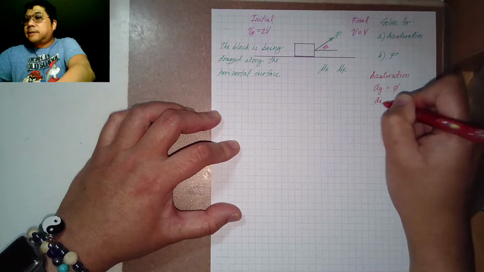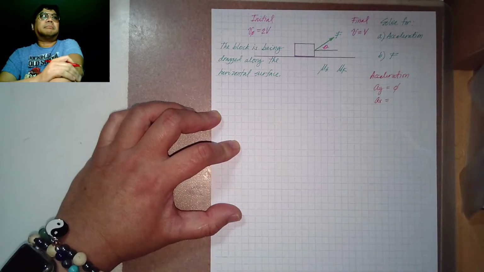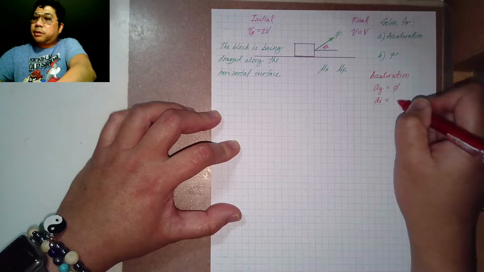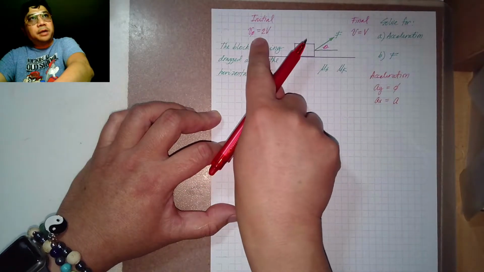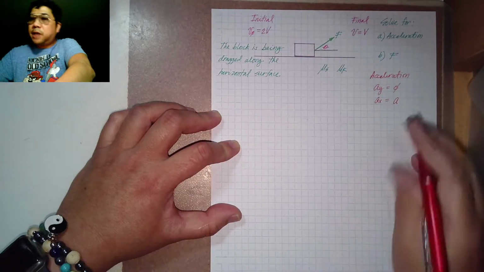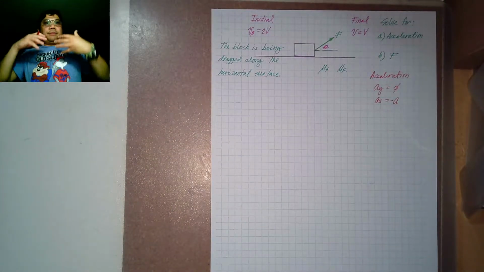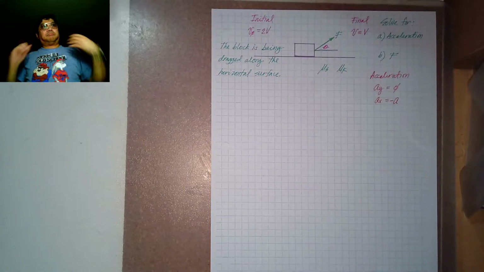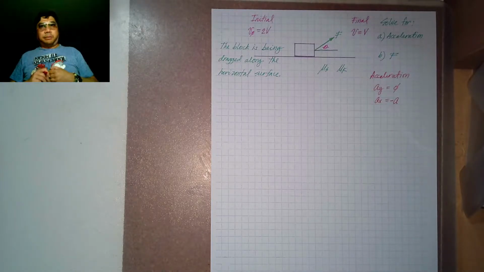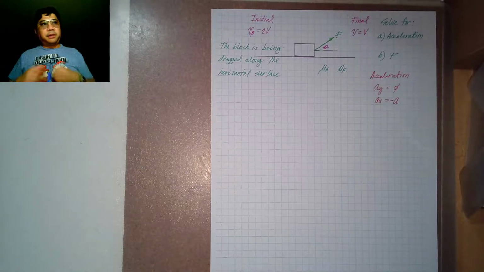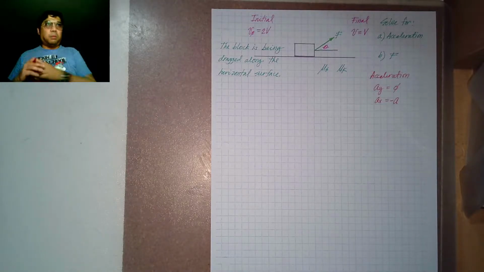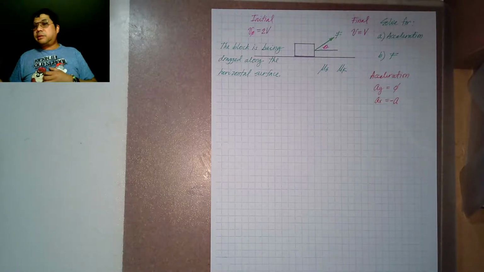Along the x-axis, it is not 0. However, since it goes from higher to lower, this is negative acceleration. If the velocity started greater and then ended up way lower, that means there's a decrease in velocity.